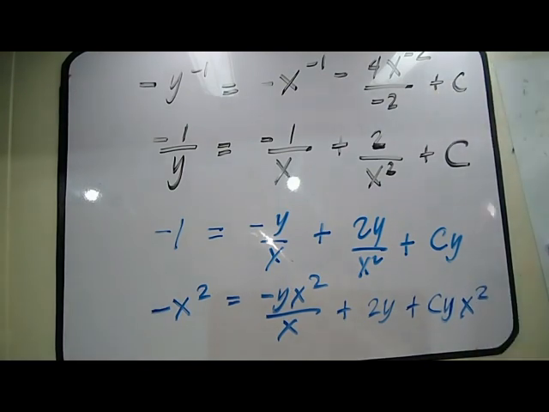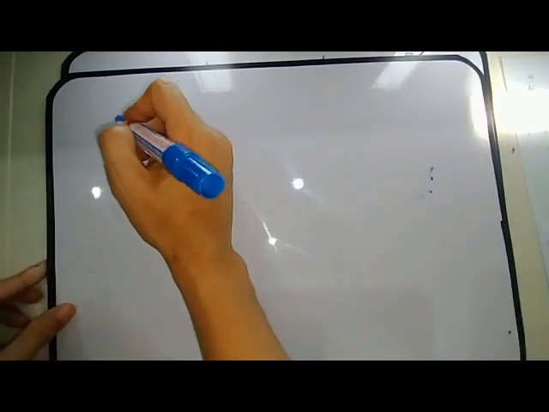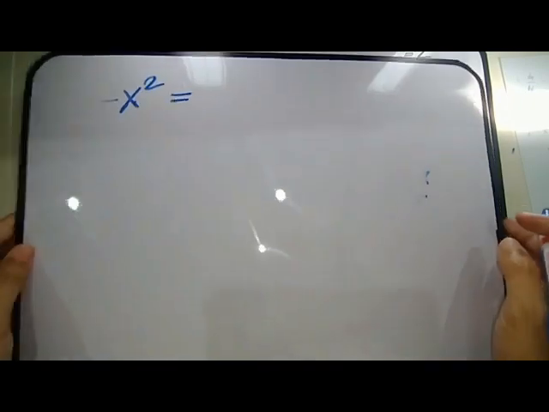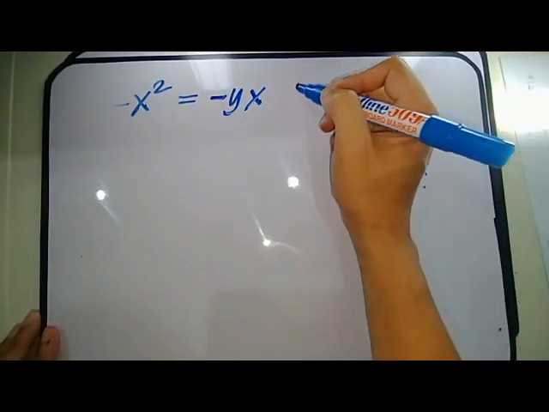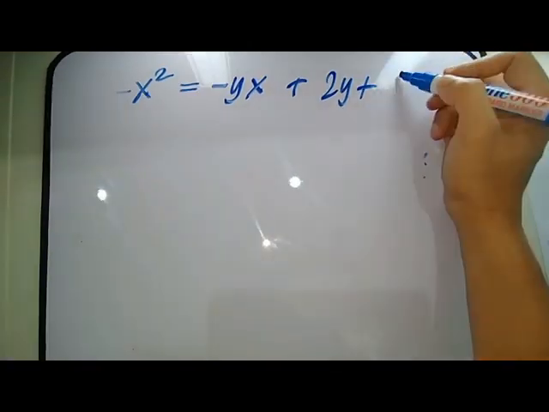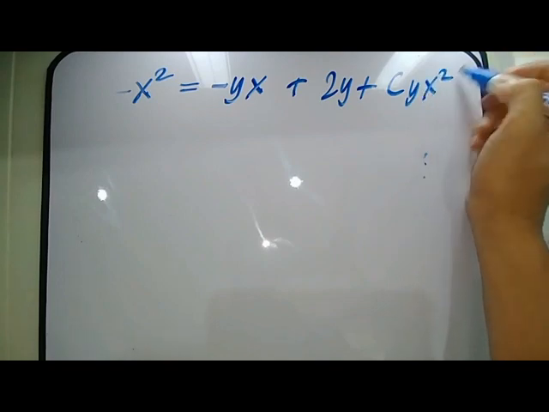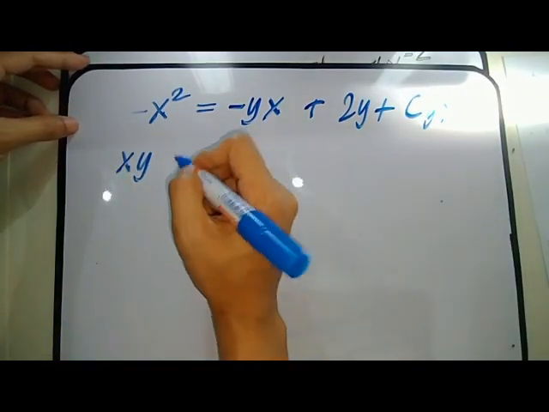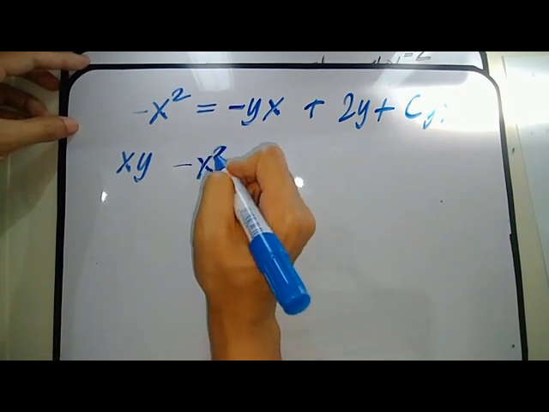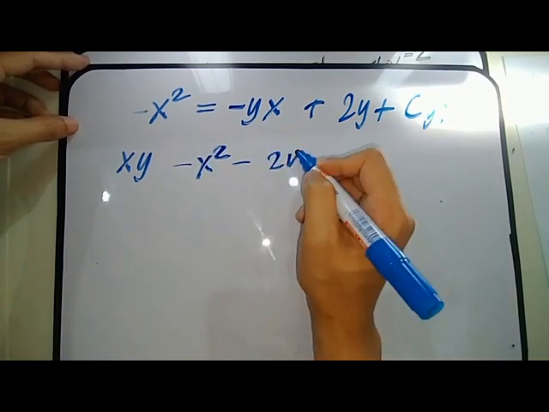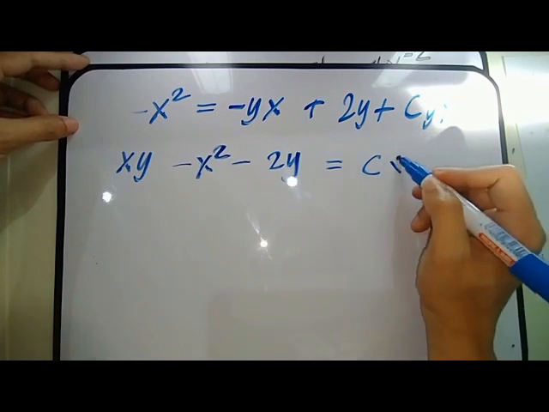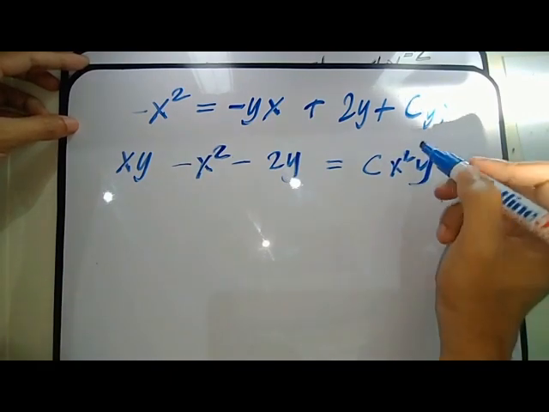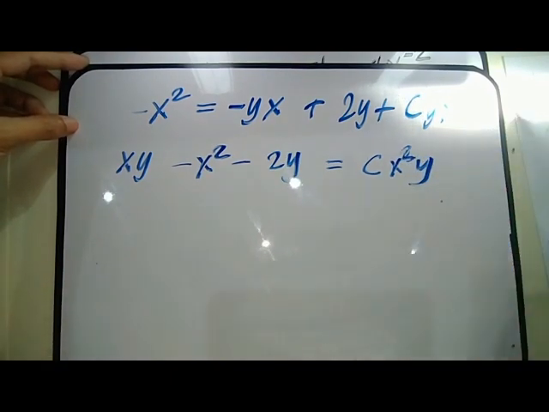Further simplifying, we have negative x squared equals negative yx plus 2y plus cyx squared. So transferring this to the other side, we have xy minus x squared minus 2y equals cx squared y. So this is our final answer.